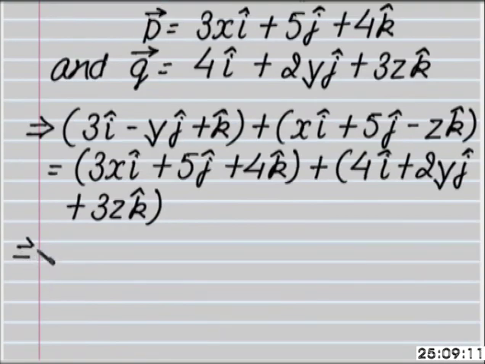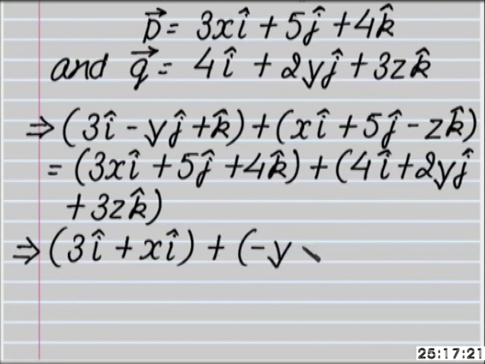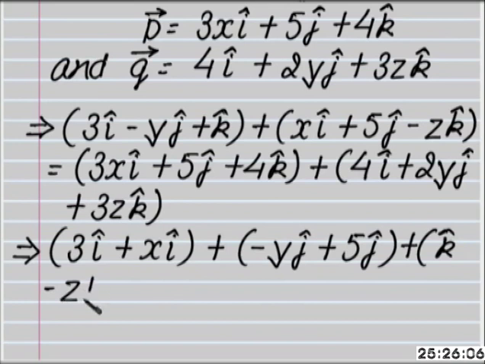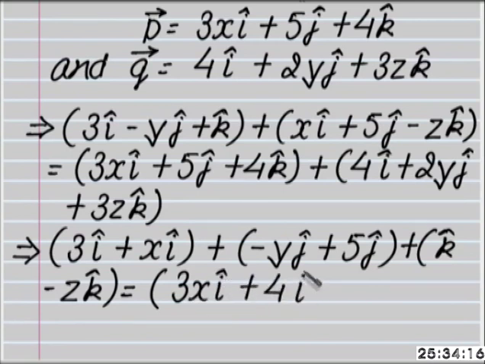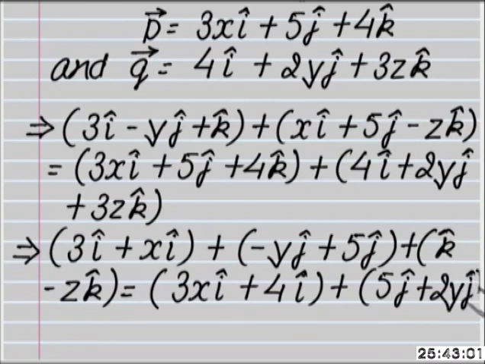Further implies that 3 i cap plus x i cap, minus y j cap plus 5 j cap, plus k cap minus z k cap is equal to 3x i cap plus 4 i cap plus 5 j cap plus 2y j cap plus 4 k cap plus 3z k cap.